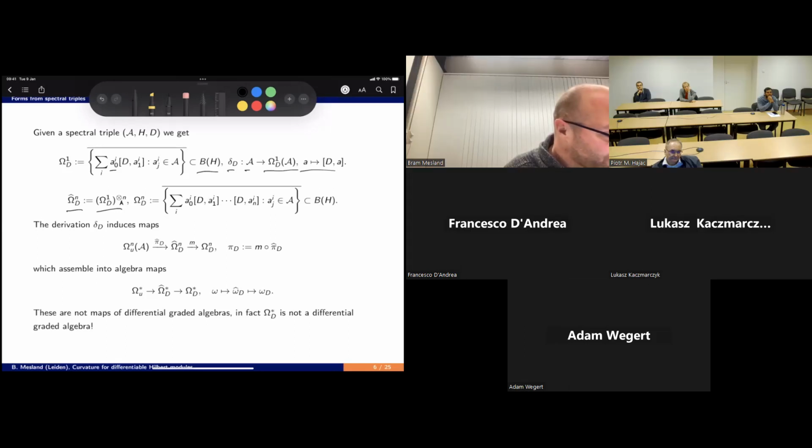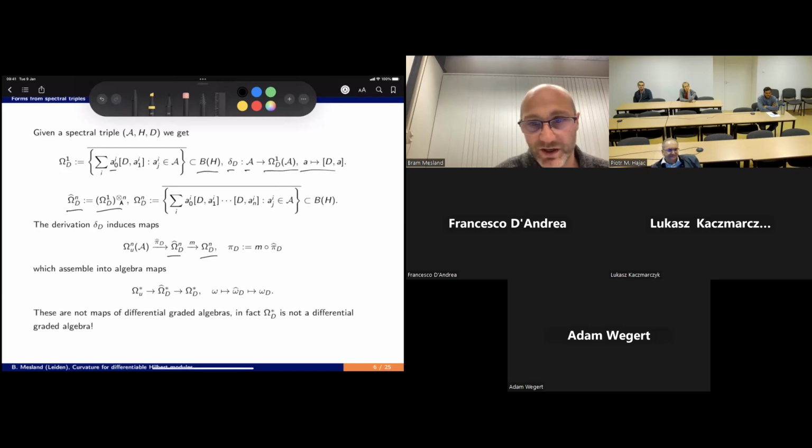Nevertheless, this derivation map that we have gives us maps from the module of universal forms. We can get into the omega n hat over here, and then, applying multiplication in the bounded operators, we get a map to omega n as defined up there.